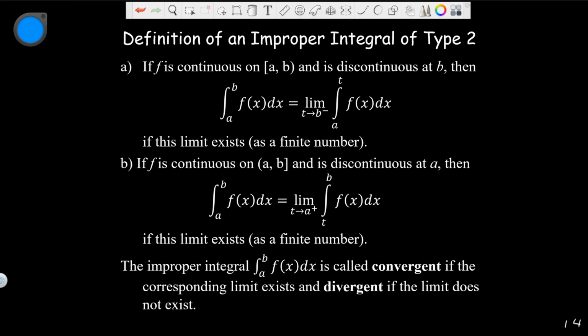If f is continuous on a to b and is discontinuous at a, then we redefine the limit as t to b as we approach a from the right-hand side. If these limits exist, we call it convergent, and if they do not, we call it divergent.